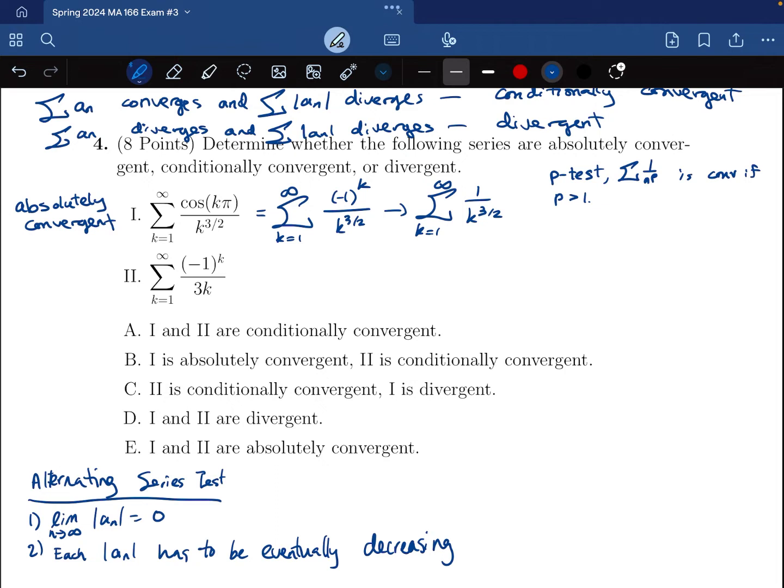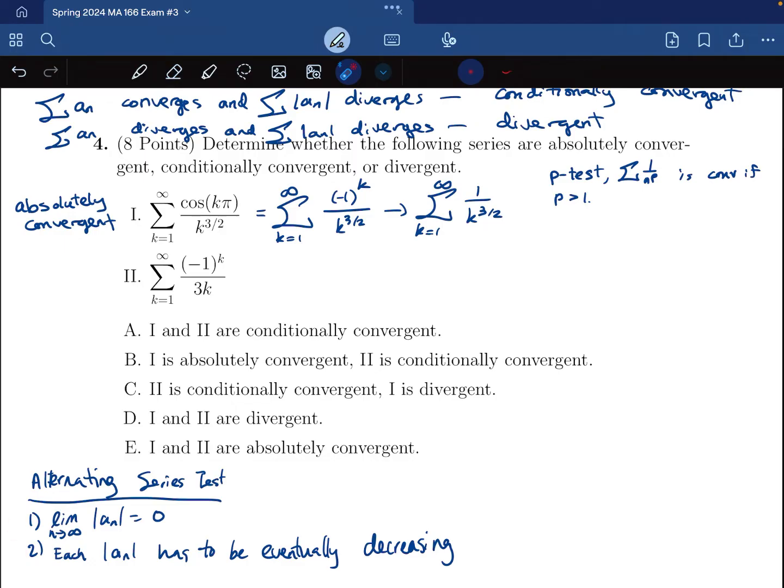Now moving on to series 2. So for series 2, we can start off by determining whether the original series, the alternating series, is convergent. So we'll use the alternating series test again, and we'll notice that as k approaches infinity, the limit of this term is equal to 0, and that 1 over 3k decreases as k gets larger, meaning that statement 2 for the alternating series test is also true.